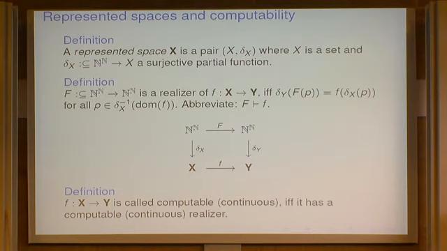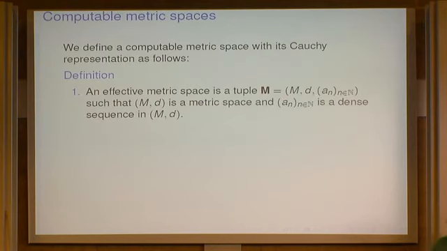Now, I should probably justify that the notion of continuity here really matches the notion of continuity on the spaces we're interested in. And for that, I'm going to introduce the notion of a computable metric space. Or actually, for this talk, I really need the weaker notion of an effective metric space. That's really just a metric space with some fixed dense sequence in it.